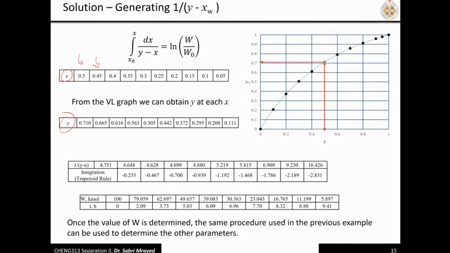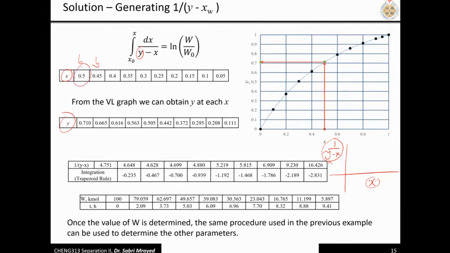You will have to get y here, because area under the curve, as I mentioned before, is going to be here x, but in the y it is going to be 1 over y minus x. So at each value of x, I have to go to the equilibrium data, get y, and then get this value. So this is exactly what you have to do.